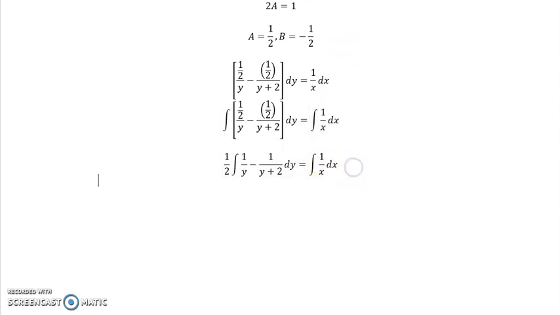Now obviously all of these are natural log terms. So we're going to have 1/2 and then log y minus log y plus 2 is equal to log x plus c. So we only have to put the constant of integration on one side of the equation, but then we need to start simplifying.